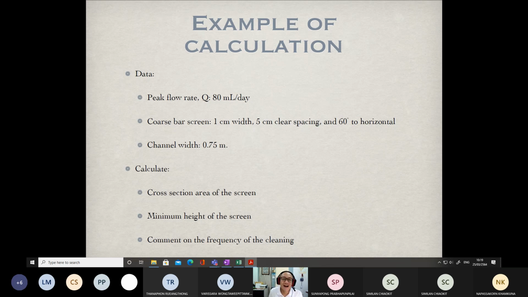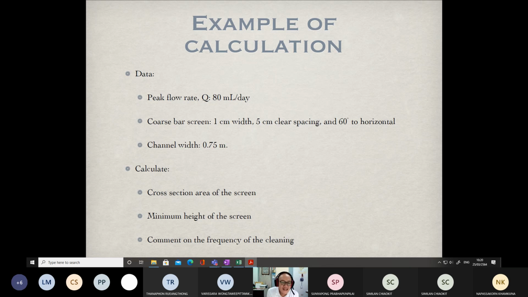In fact, for all the primary treatment facilities, we need the peak flow. In these questions, the peak flow is given as 80 million liters per day, not milliliters, 10 to the power of 6 liters per day.